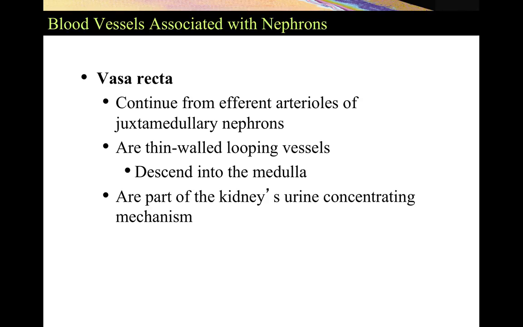Quickly going over this, vasa recta are extremely important for concentration of the urine. They descend significantly into the medulla, as we noticed earlier, and are only associated with the juxtamedullary nephron.